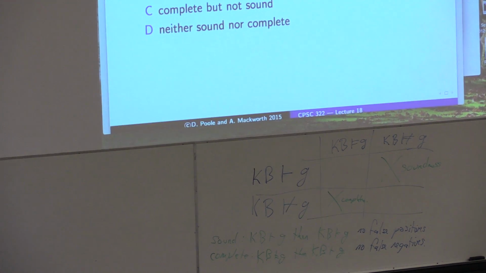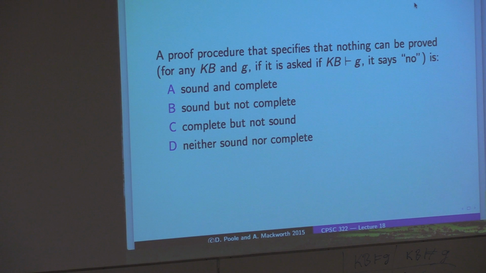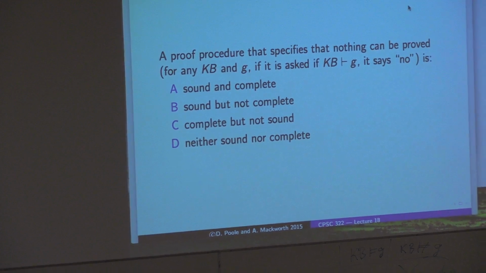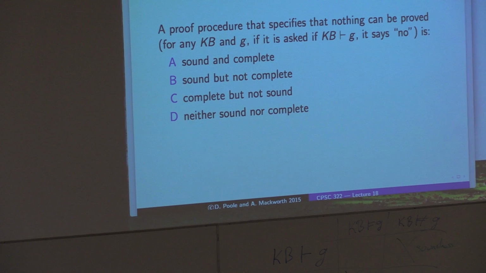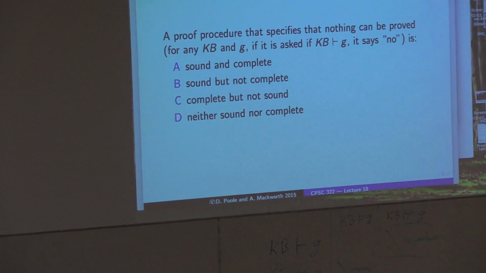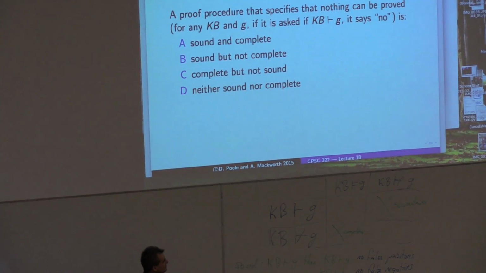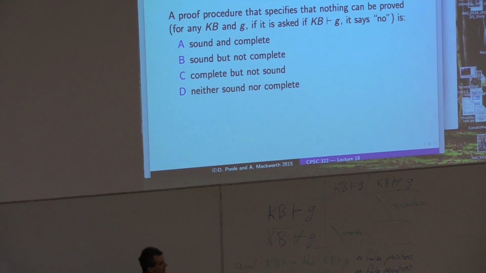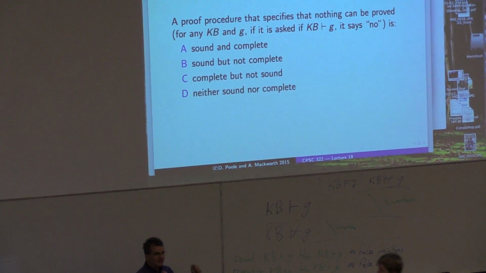All right, let's do a clicker question. This will test whether you know it. A proof procedure that specifies that nothing can be proved. So for any knowledge base and G, if it's asked whether G follows from the knowledge base, it says no. So nothing logically follows.